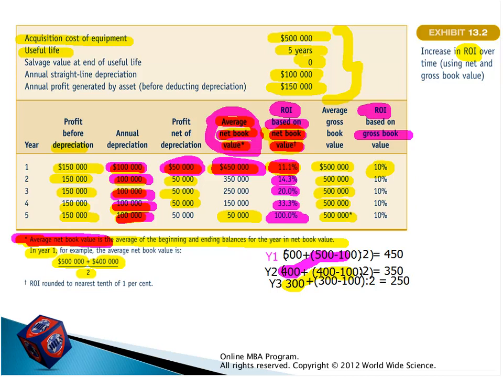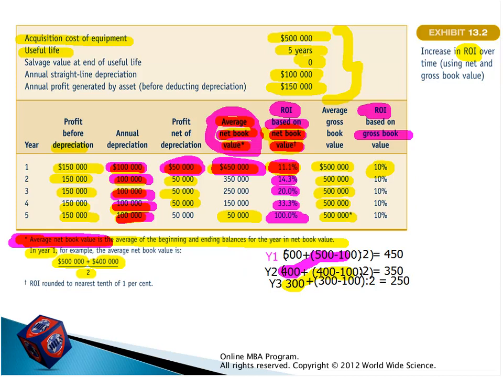So we can find our return on investment based on the gross book value or net book value. What is the net book value? It is the average net book value, as it comes here. Two methods, giving you two calculations.